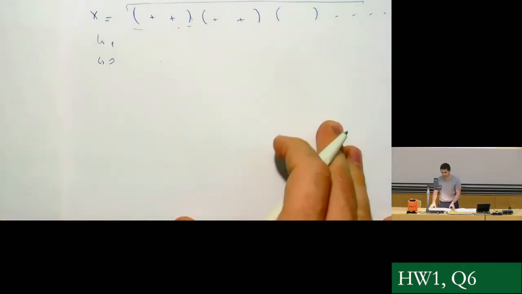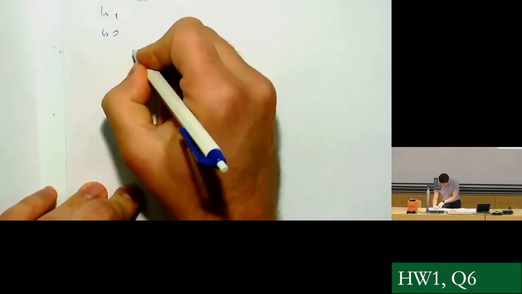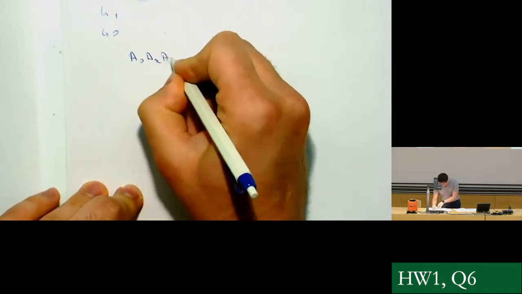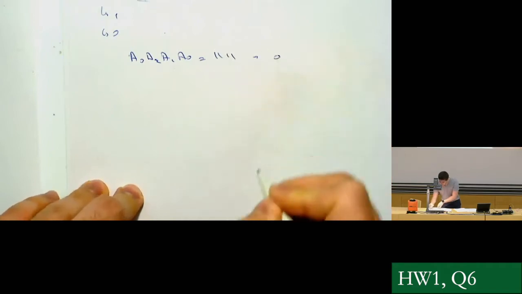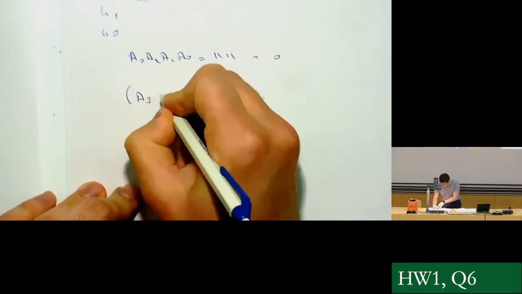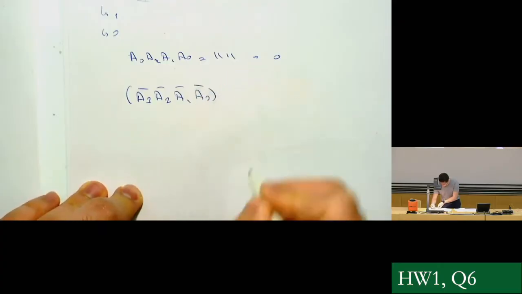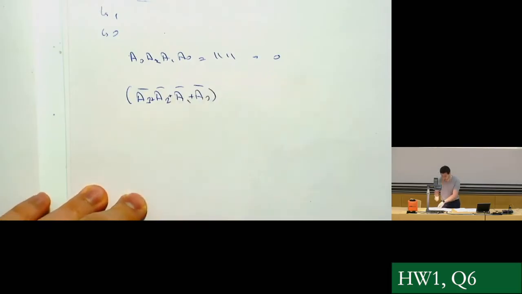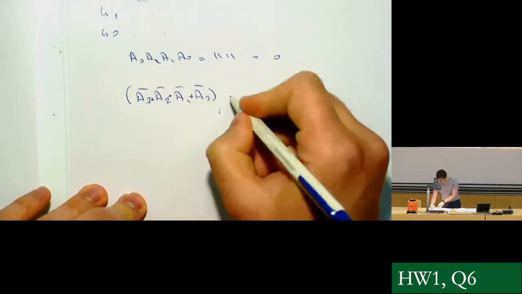I didn't write anything yet, so let's first think about the case when A3, A2, A1, and A0 is 1, 1, 1, 1, and I will have 0 for X. In order to have this, I need a term such as A3 not OR A2 not OR A1 not OR A0 not. If I have ones for all of these, then this will be 0.